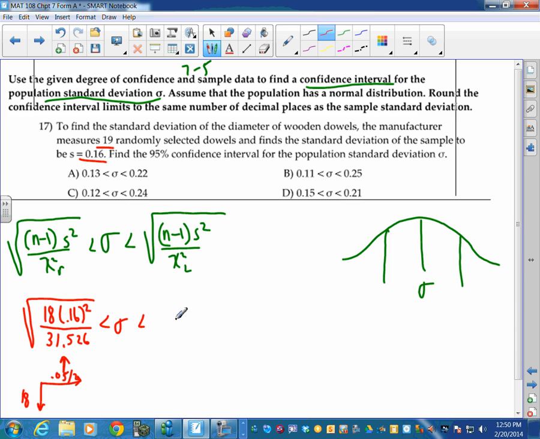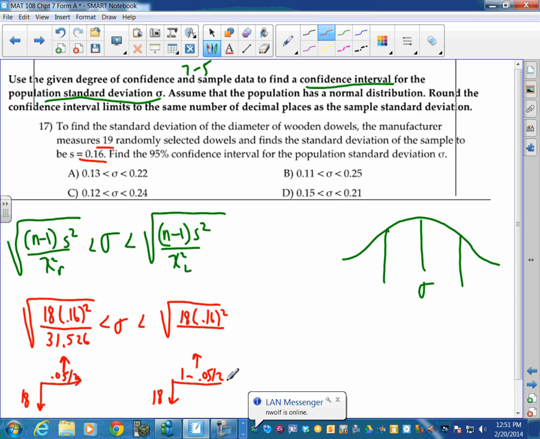And then right here, square root of 18 times 0.16 squared over. Now you find the chi-square on the left. Right, you go down 18. You go over 1 minus 0.05 divided by 2, which is 0.975.